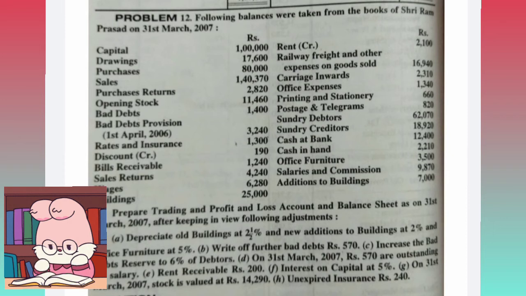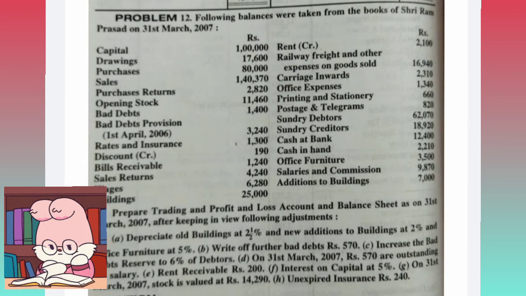Bills receivable asset, to take it to the asset. Sales returns to be deducted from the sales. Wages, debit side of the trading account. Buildings, take it to the assets. Rent CR means credit side, it is a credit balance. So we have received the rent received 2100.